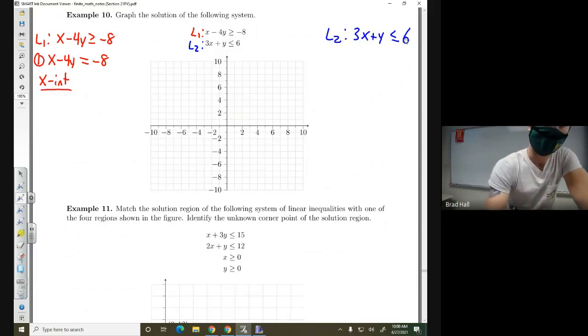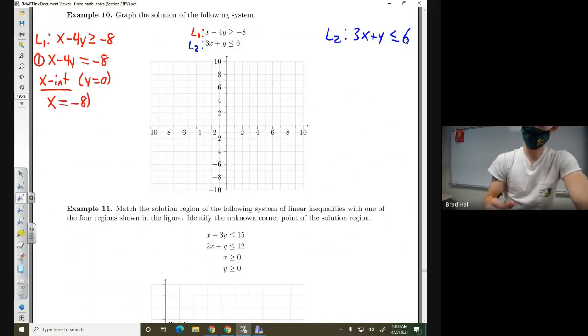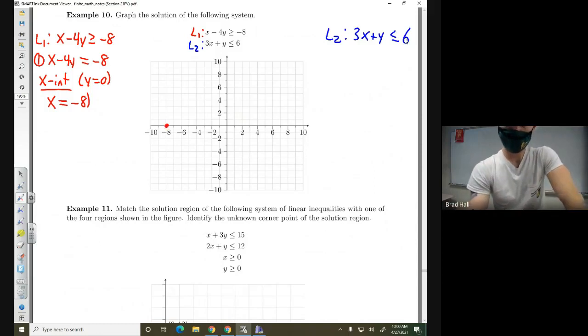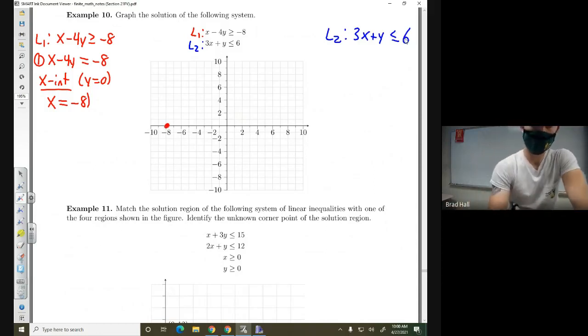The x-intercept, y is 0. So x is -8. Gives us a point right here. The y-intercept, x is 0. With that, the x term goes away, so we're left with -4y is equal to -8.